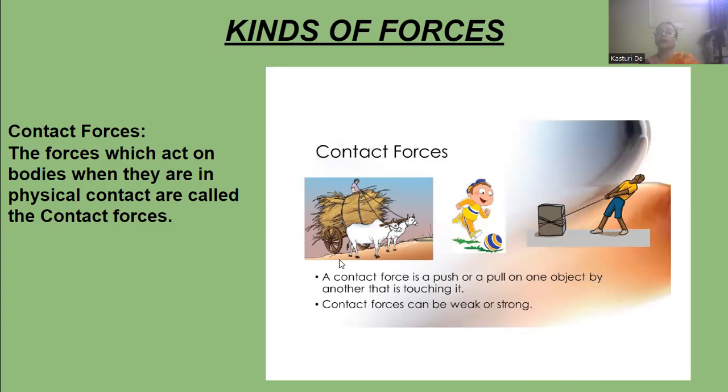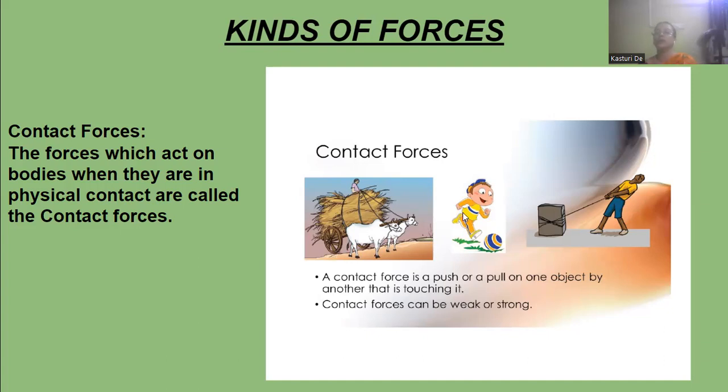Like the heavy load which is applied on the cart, and the cart driver is pulling this thread to make the cows move forward, to move the wheel forward. So all these things have a contact force.